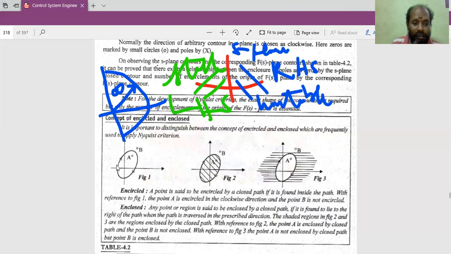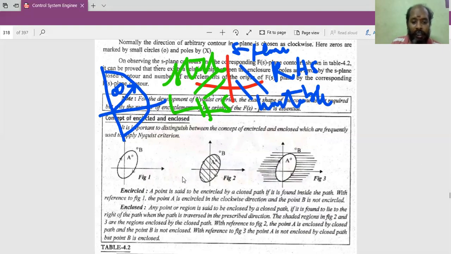That is, we say it is in clockwise direction. To the right side of the traveling path, if any point lies inside the closed path, then you say it has been encircled. And also, if any closed path covers a point, then you can say it is enclosed by the covered region.